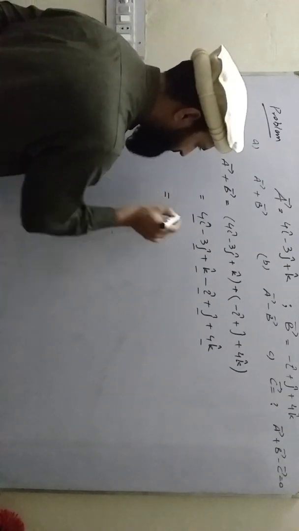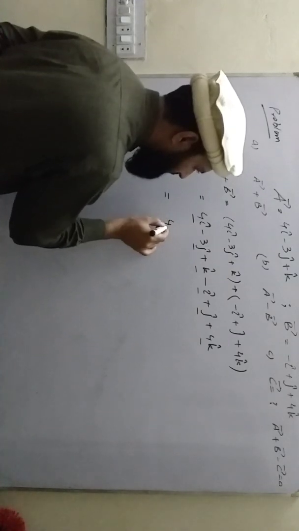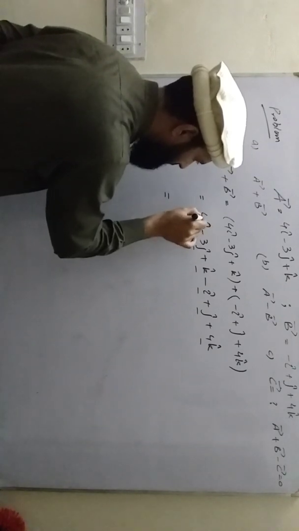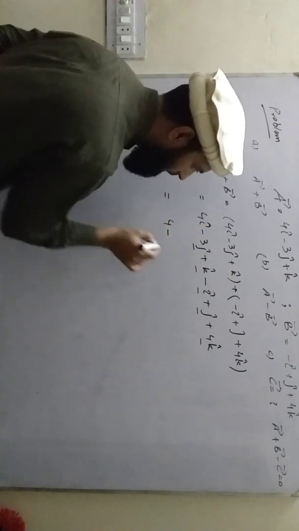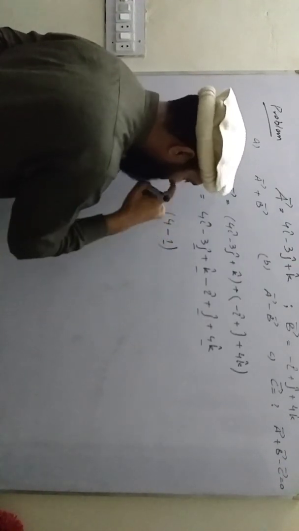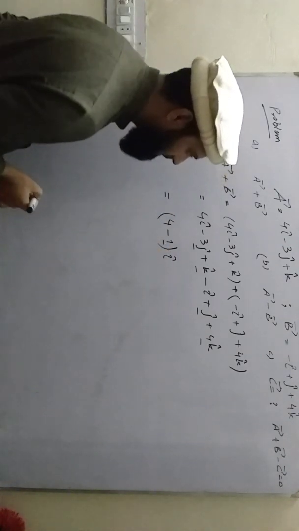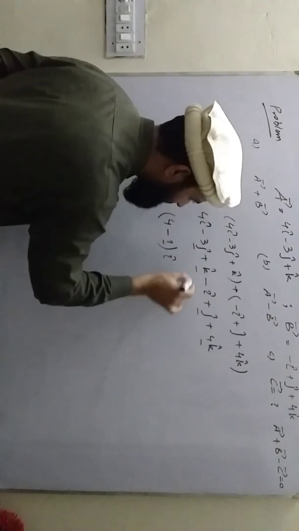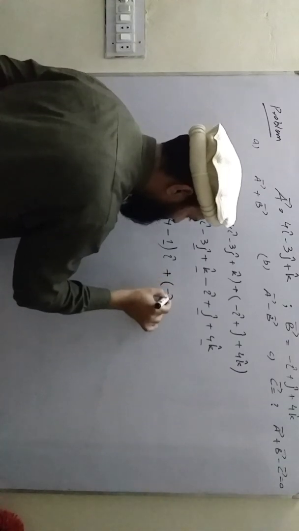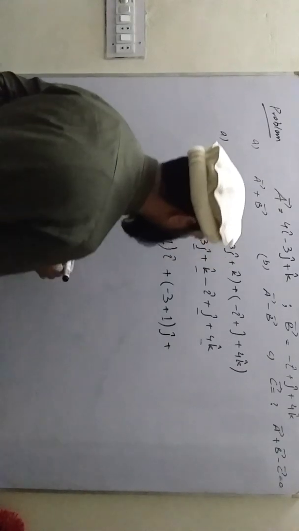We first take the i terms and their coefficients must be added. The coefficient of the first i term is 4 and the next i term is minus 1. So their coefficients must be written in brackets and take i as a common. Next we take the coefficients of j, that is minus 3 plus 1, and j as a common.